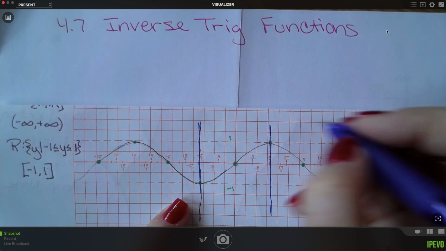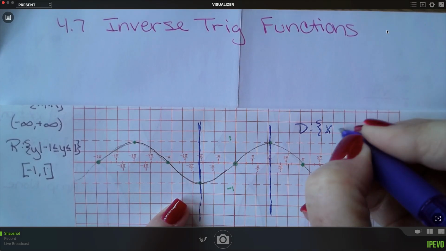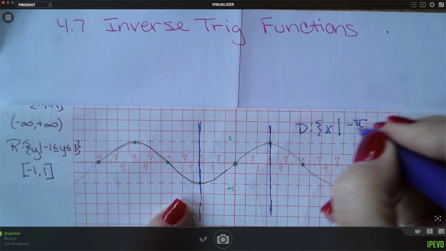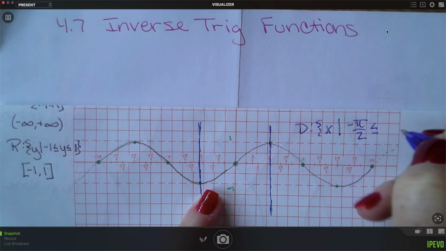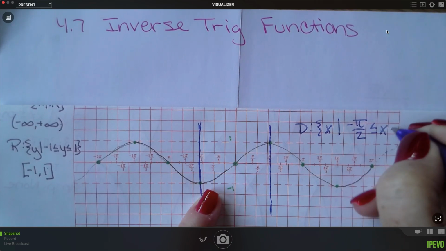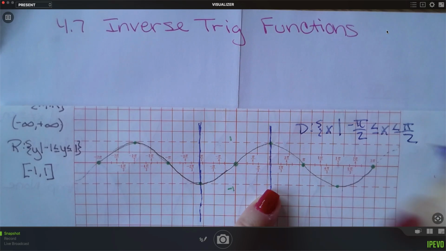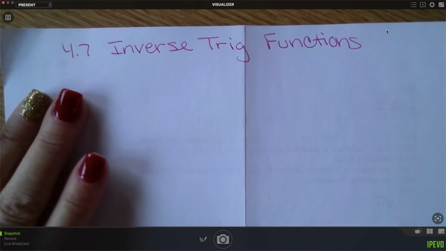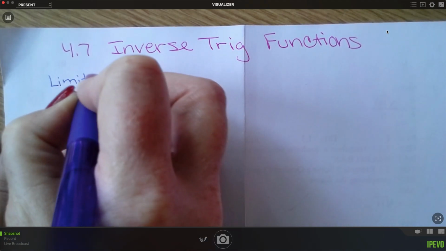Negative pi over 2. And it can't be equal, well, yeah, sorry, it can be equal to negative pi over 2. And positive pi over 2. So we are going to have limited domains.